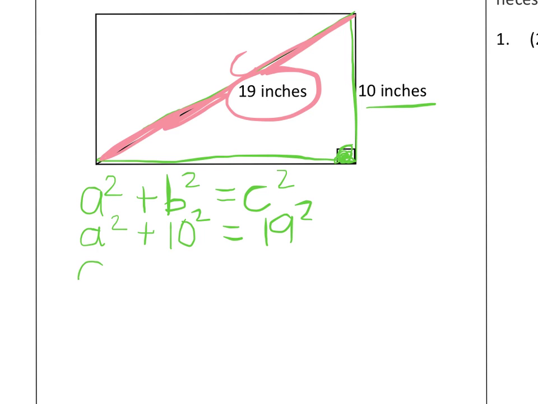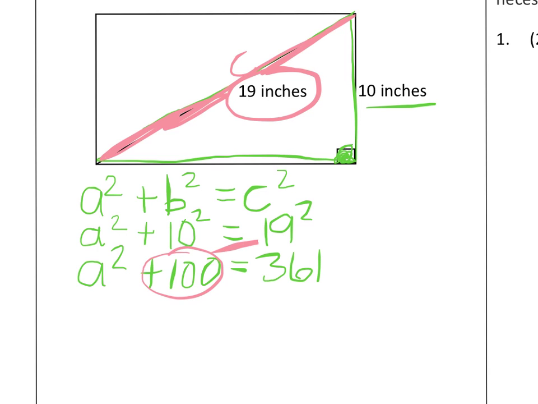So I'm going to do everything I can in this problem. I can do 10 squared, that's 100. And I can do 19 squared, which that 19 times 19 turns out to be 361. Now at this point I've got to move my like terms together.